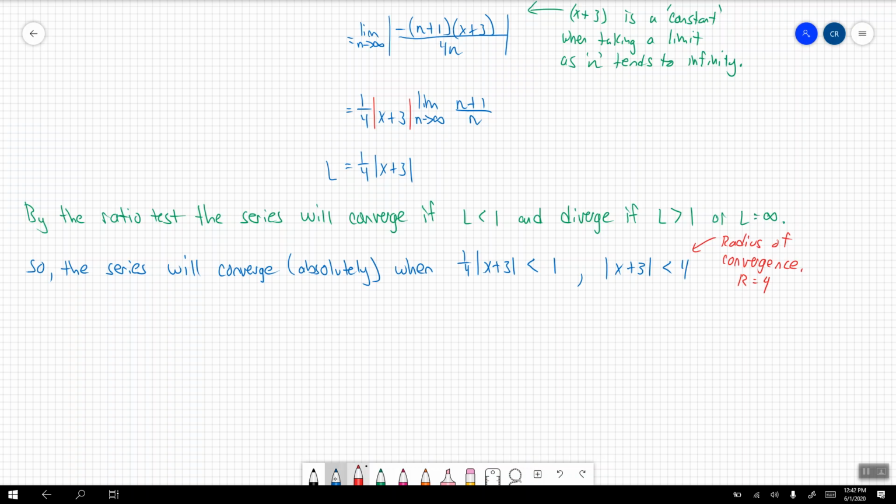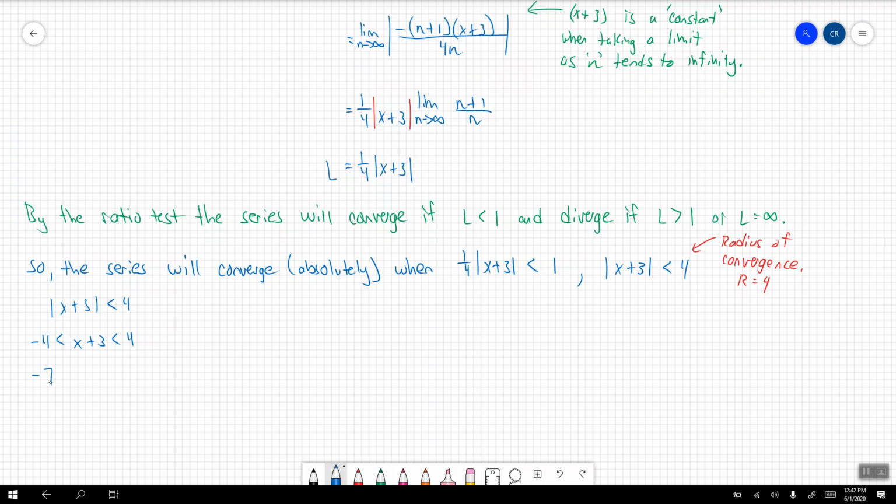All right, so once we have this, let's go ahead and find the interval of convergence. In order to find this, we're going to use that the absolute value of x plus 3 is less than 4, and we're just going to use algebra here. What does algebra tell us about the absolute value being less than some number? It tells us that the expression must be greater than negative 4 and less than 4, and we're going to subtract 3 on both sides.